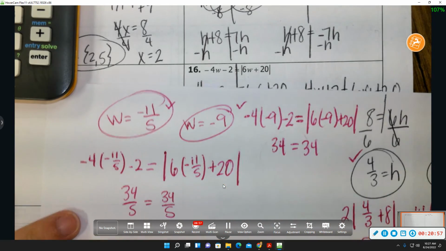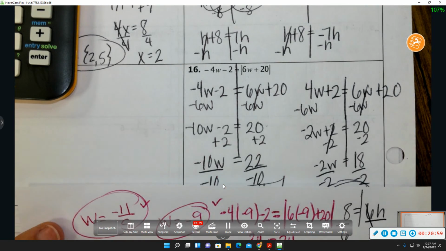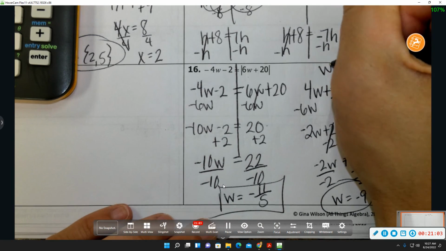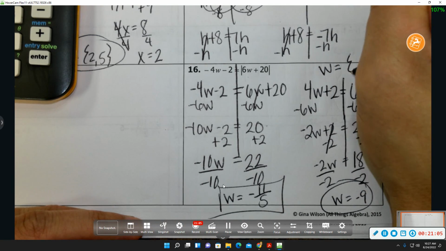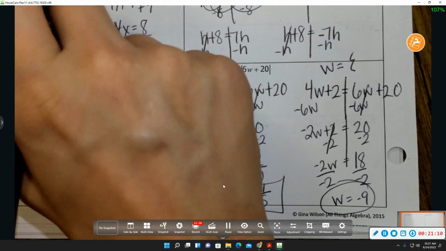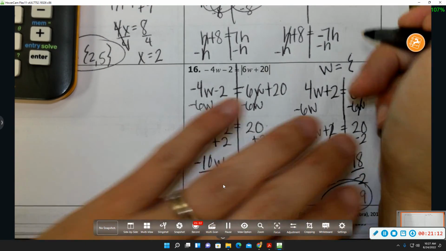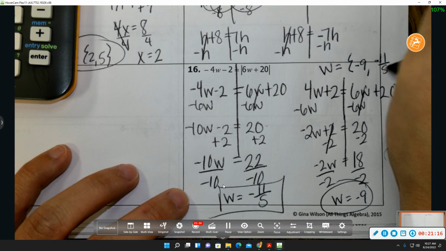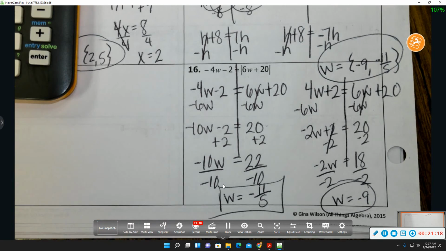This one works as well. So your answer here is going to be W equals, let me make sure, W equals negative 9 and negative 11 over 5. So because they both work.